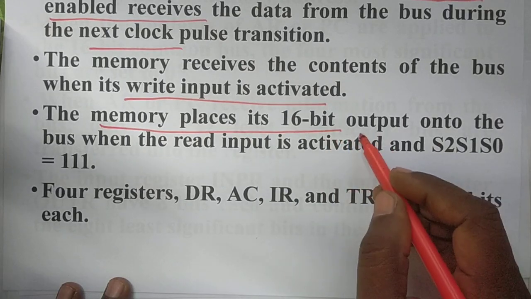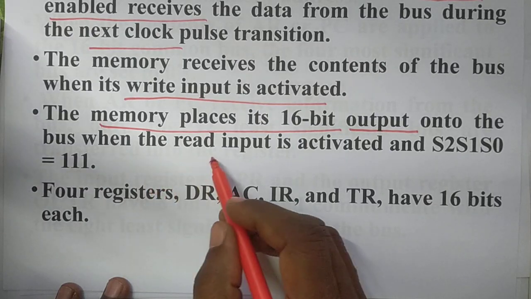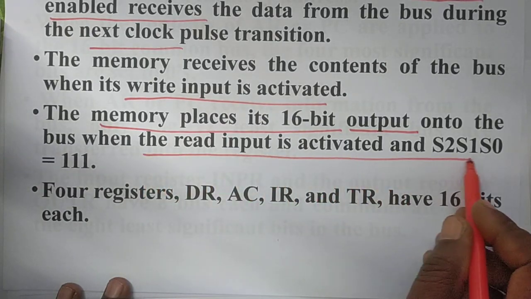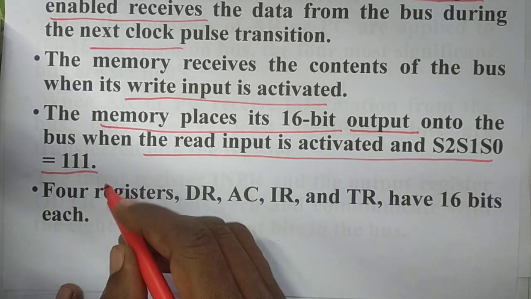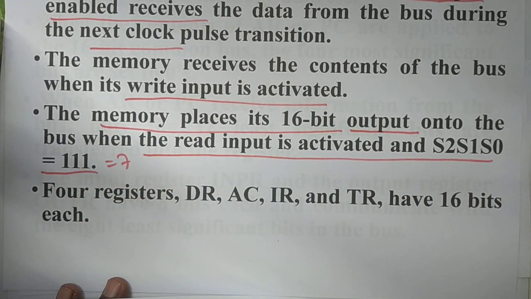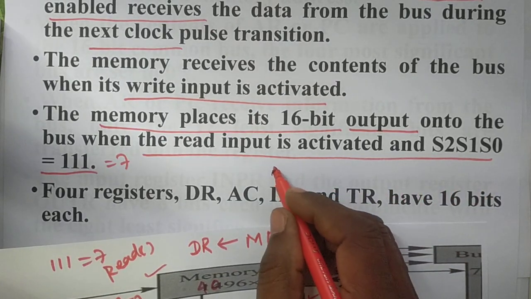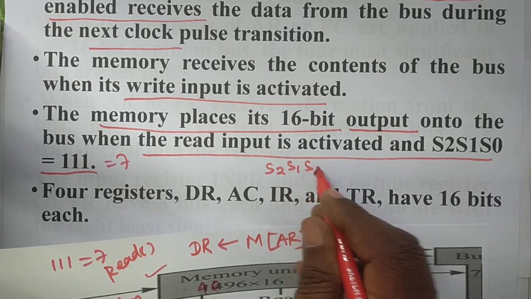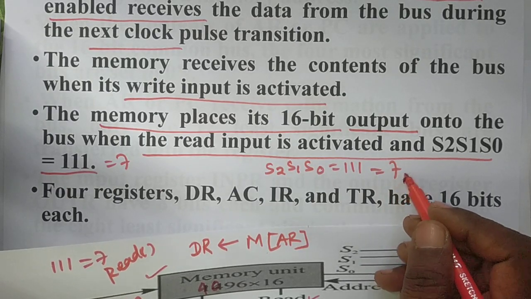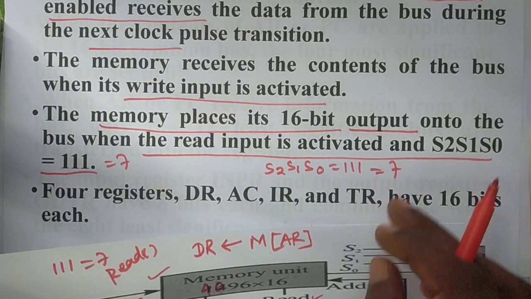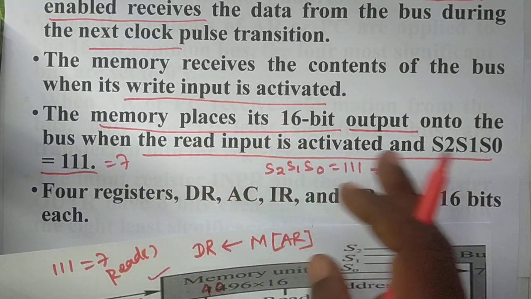So the 16-bit output is transferred onto the bus when the read input is activated by S2, S1, S0 equal to 111. 111 means the decimal value is 7. That means whenever 7 is activated, the data is transferred to the bus from memory.